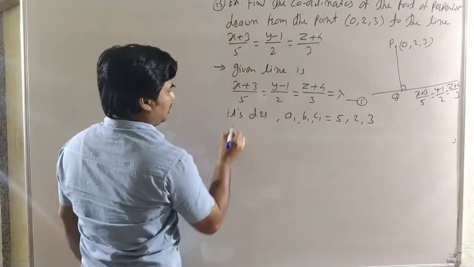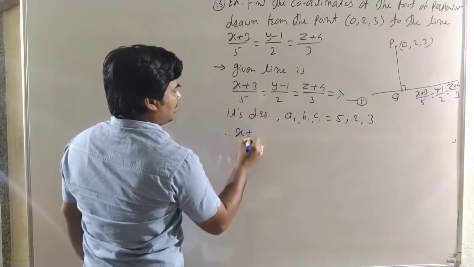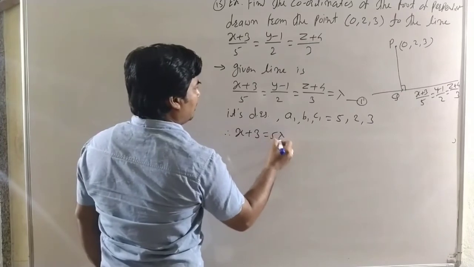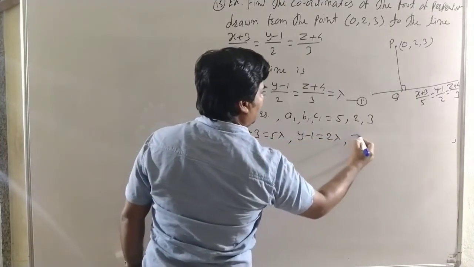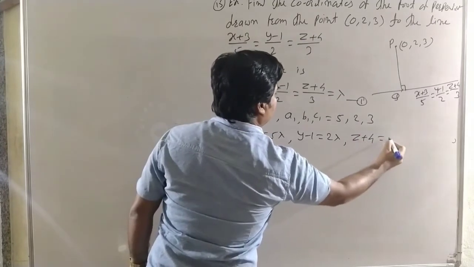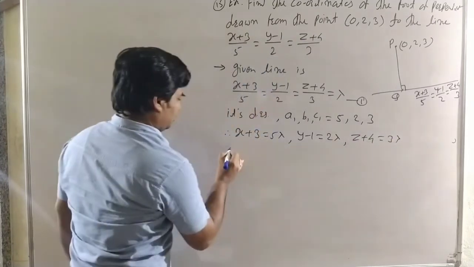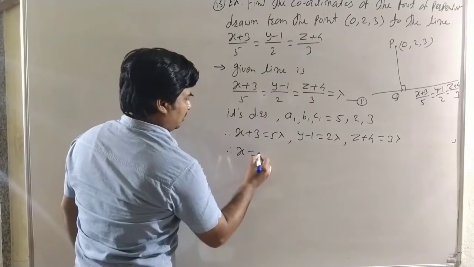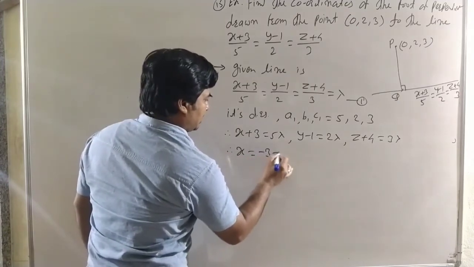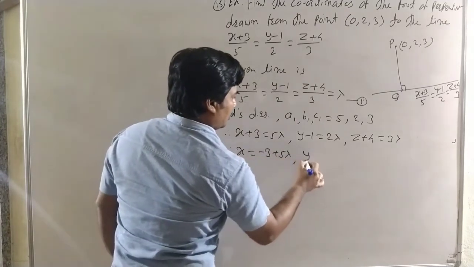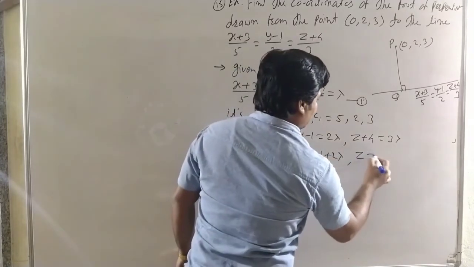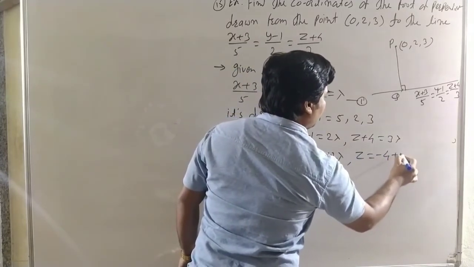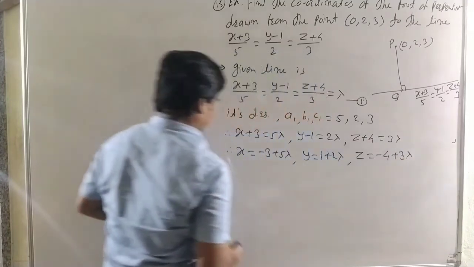Then for any point on the line, x + 3 = 5 lambda, y - 1 = 2 lambda, and z + 4 = 3 lambda. Therefore x = -3 + 5 lambda, y = 1 + 2 lambda, and z = -4 + 3 lambda.